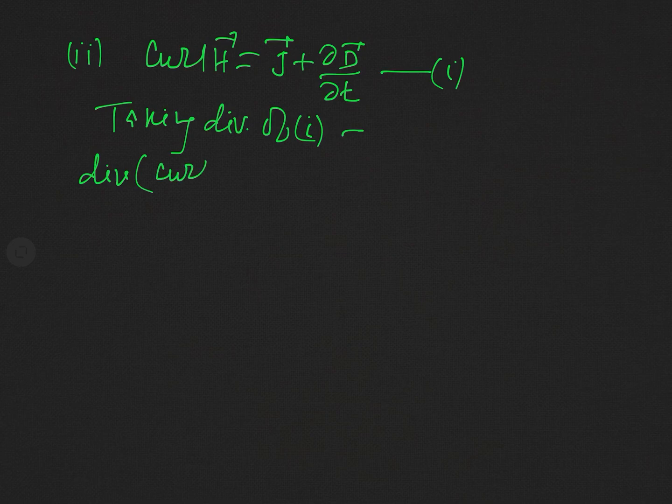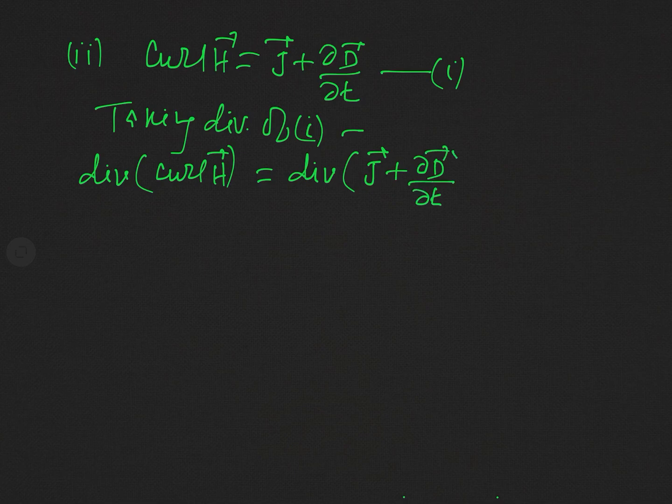This will be divergence of curl H, and this is equal to divergence of J plus del D by del T.